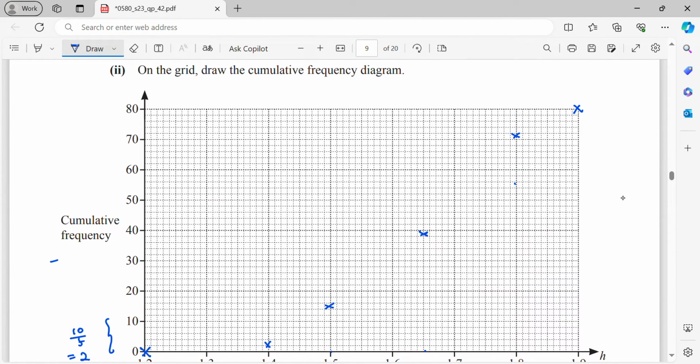So now we just need to join all these points. Okay, so when I join, just try your best to draw a smooth curve. Right, it should be a curve. It's not a straight line. Right, the shape should be like this.